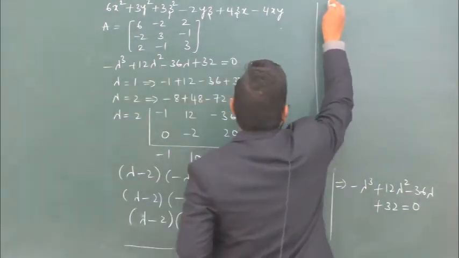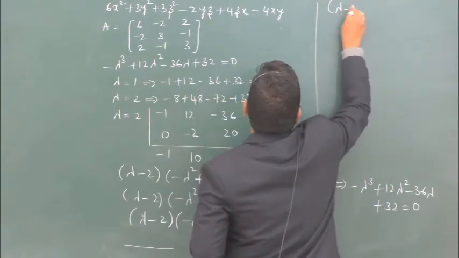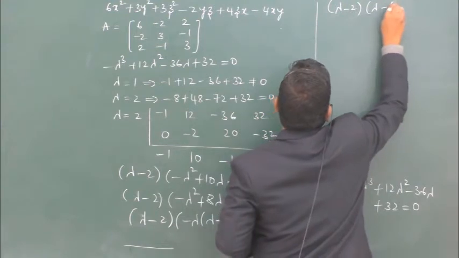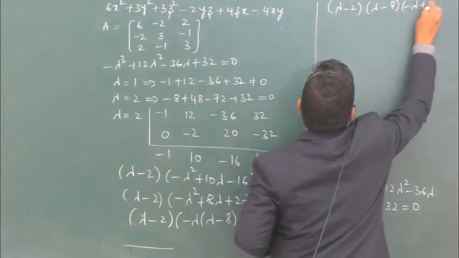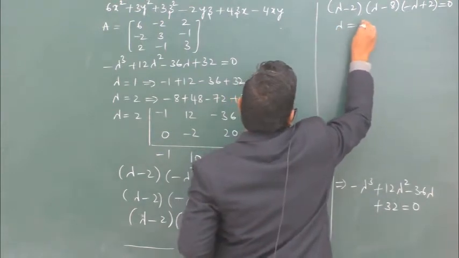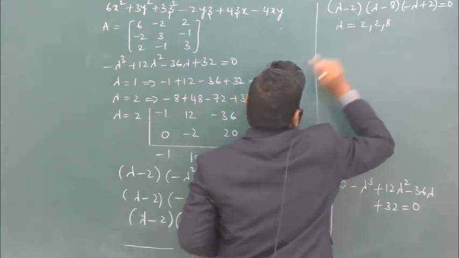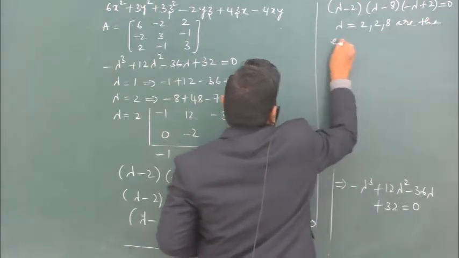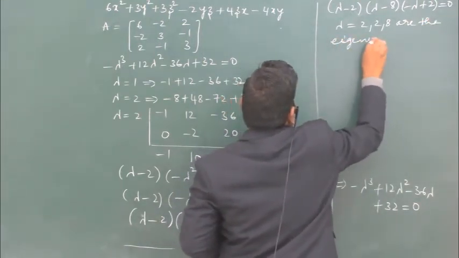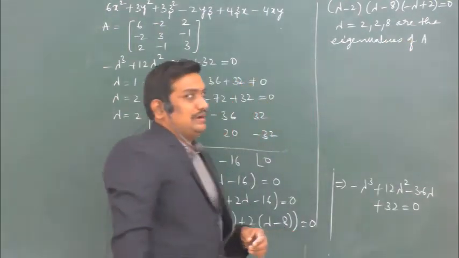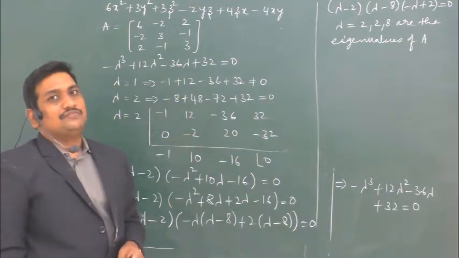Now lambda minus 2 into lambda minus 8 into minus lambda plus 2 equals 0. So the roots are 2, 2, 8. These are the eigenvalues of A.